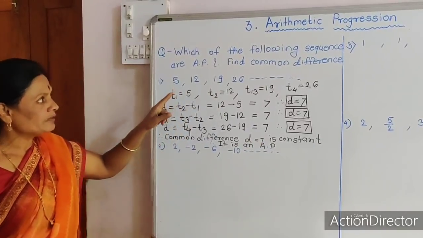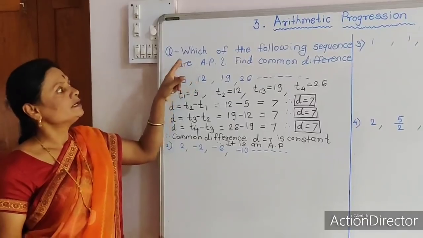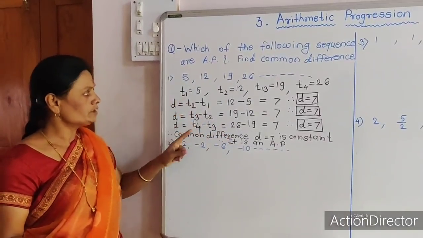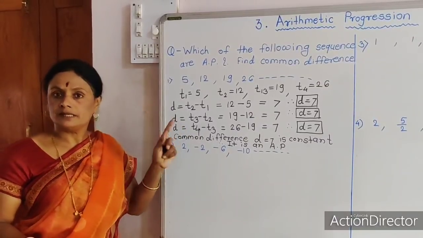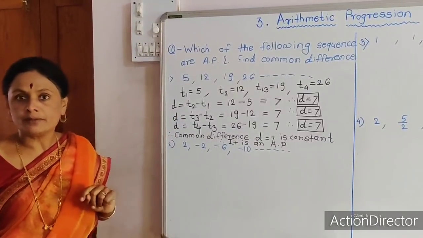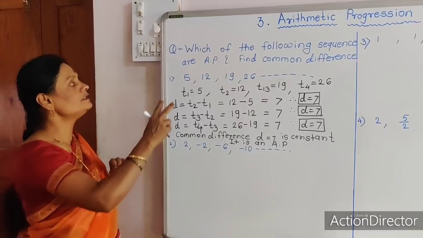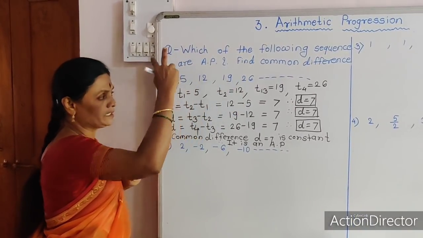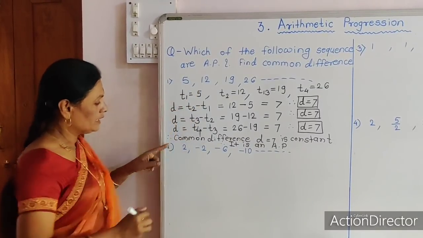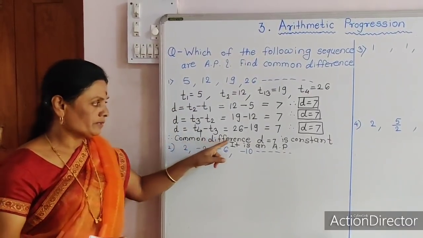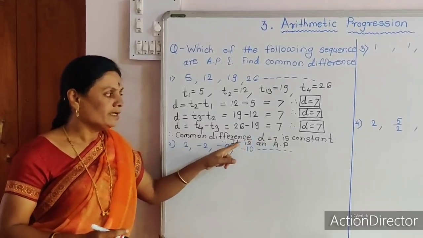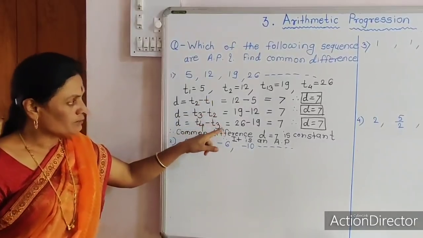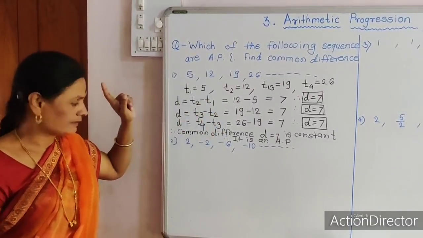Now, for identifying whether the sequence is an arithmetic progression or not, we first find the common difference D. And how do we calculate the common difference D? It is the difference between each two consecutive terms. And if D, that is the common difference, is constant, then it is an AP. This example is asked in the board question paper for 1 mark.